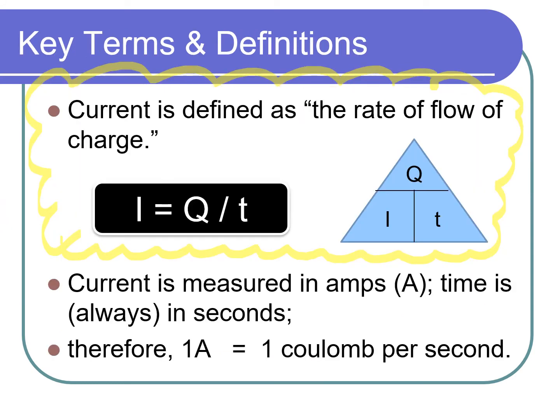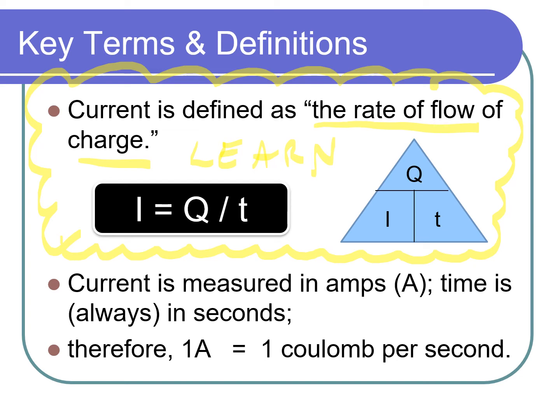Now we can link current, charge, and time together. This is one of those important equations in physics that you need to learn. I will be putting a few basic questions on this in a quiz for you in It's Learning. The definition of current is the rate of flow of charge. Learn this.